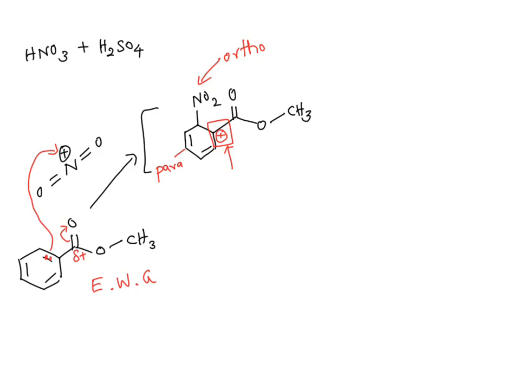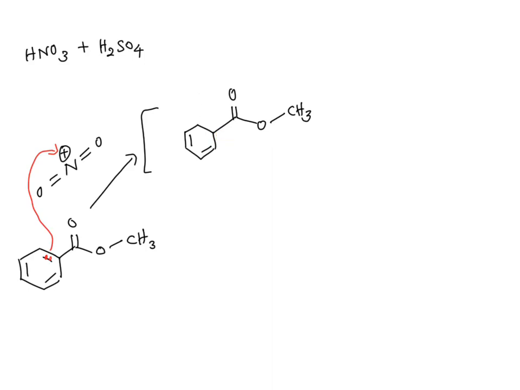If you put the nitro group on ortho or para, you will end up with a positive charge on a carbon next to an electron withdrawing group. Okay, now let's see how this can be fixed by placing the nitro group on a different carbon atom.